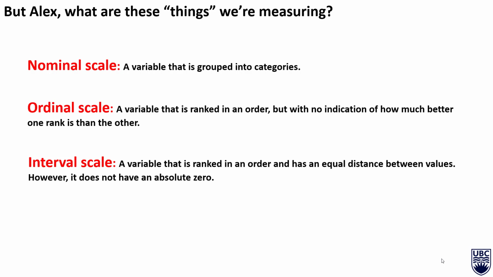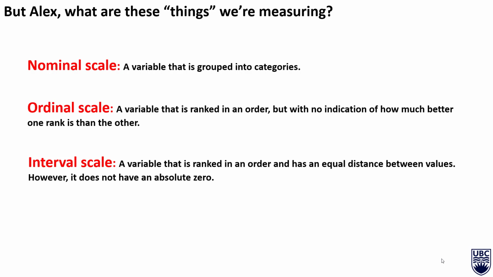Okay, so for example, if we're measuring something like temperature, and we measure the temperature at 2 different time points, and let's say the first time point it is 20 degrees, and then the second time it is 0 degrees, then we know that there's a 20-degree difference, and that the second value is 20 times lower than the first value.